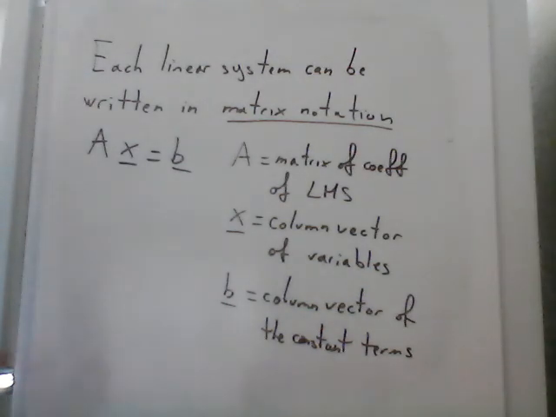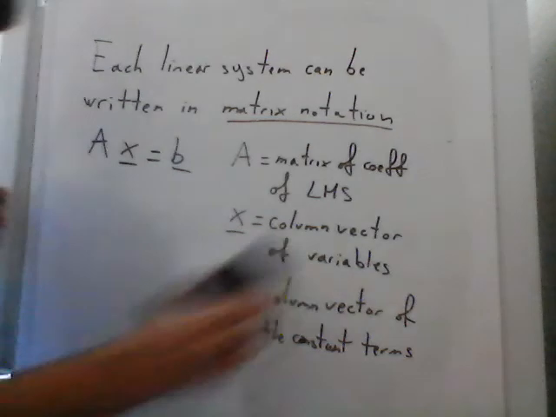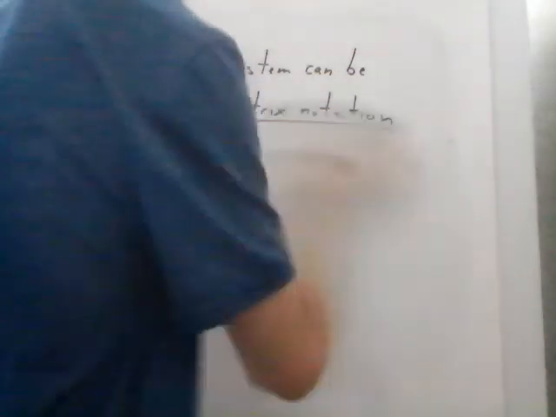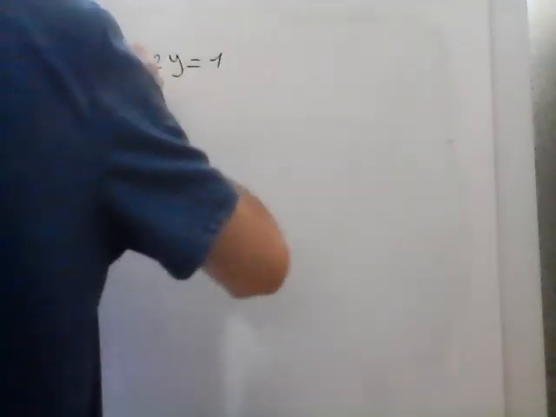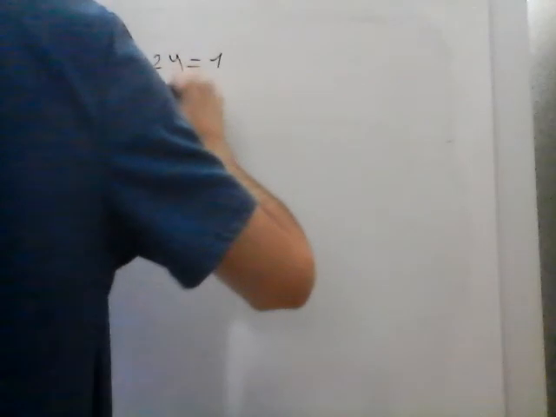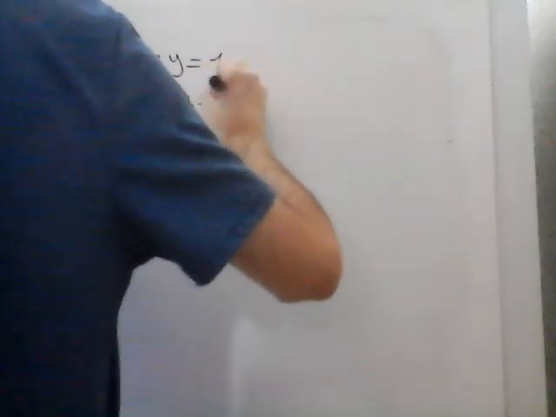Okay, so let's see how to write in matrix notation the original linear system that we considered at the beginning of this lecture. We consider this linear system: x minus 2y is equal to 1, 3x plus 2y is equal to 11.